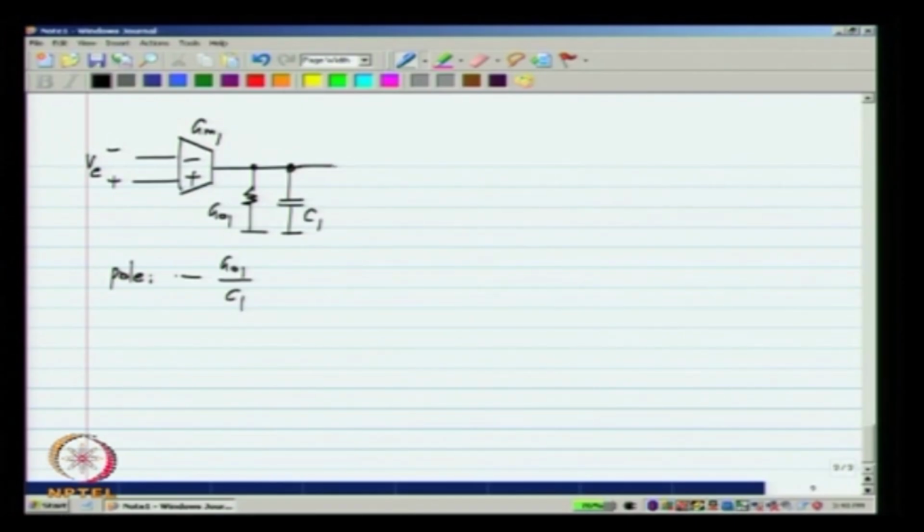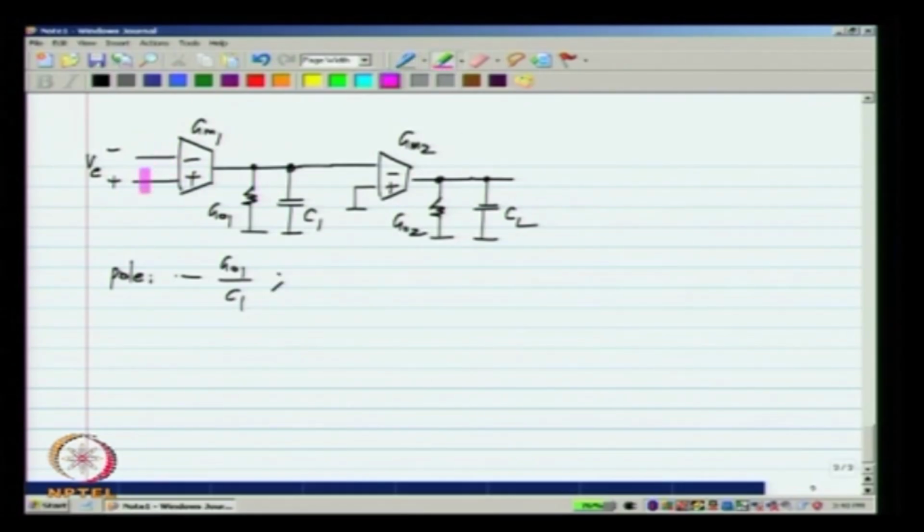And similarly, let us say we add another stage here. Let us say this is a transconductance GM2 and this is a conductance GO2 with a capacitance CL. Now, you can work this out. It turns out that you will have some transfer function from here to there and another one from here to there, and the two are independent.